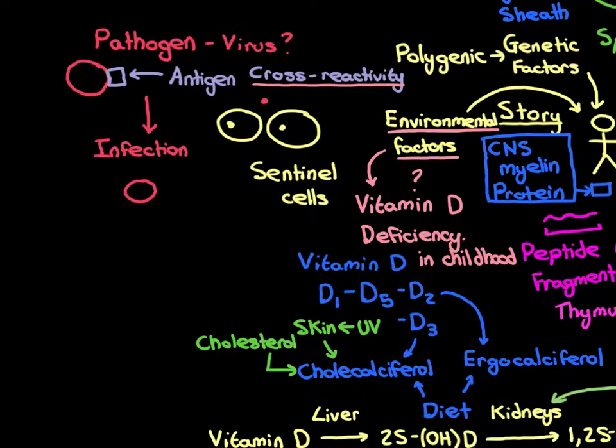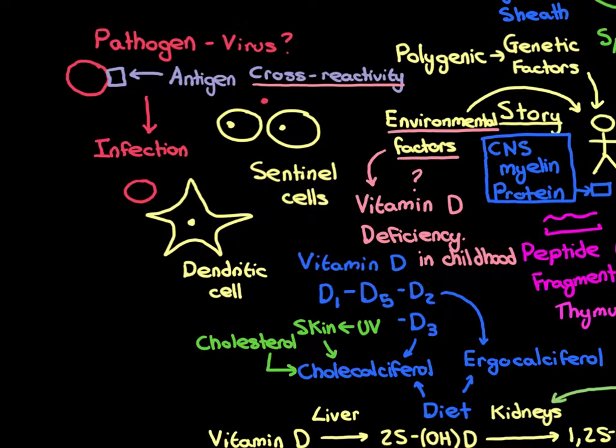So, let me draw these normal types of sentinel cells. So we'll put one here, and this is the dendritic cell, which is why it's got this sort of star shape here. So I'll put its title down here. So it is an example of a dendritic cell. Now, these processes coming off its cell body, these are of course the dendrites, and it has absolutely nothing to do with nerve cells.